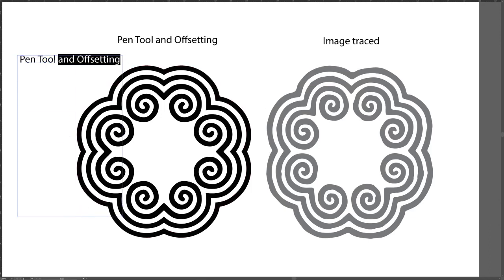So let's see here. What we did was we traced using the pen tool, and then two, reflect object. Let's see.